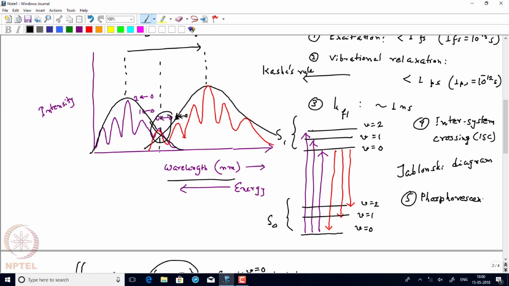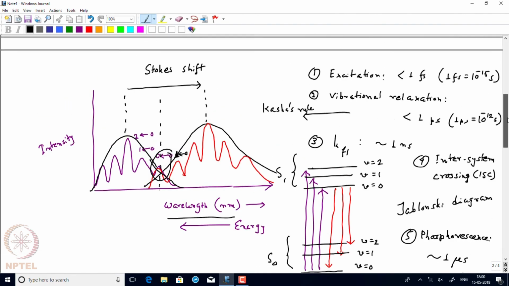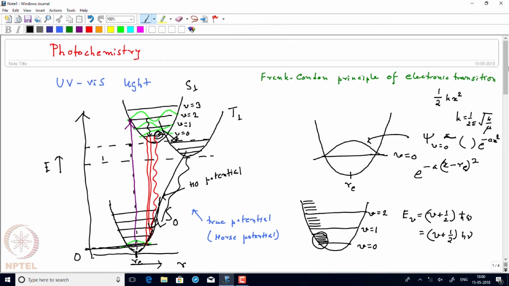So, this phosphorescence usually is long, and the typical time scales are on the order of 1 microsecond, which is 10 to the power minus 6 second. Thus we see that we can actually explain the several photophysical processes extremely phenomenologically.